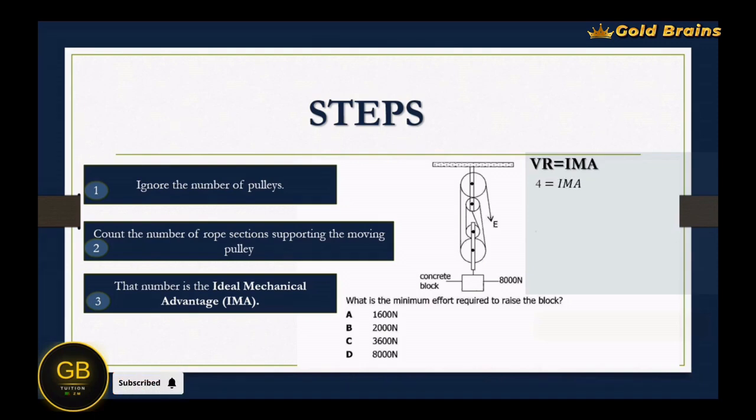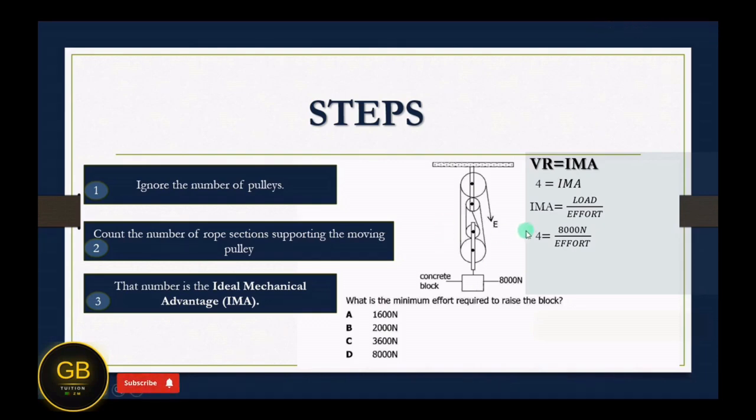So friends, you already know that the ideal mechanical advantage is given by the formula load over effort. We have our load now here, and we have our ideal mechanical advantage. So all we need is to replace here and there to get our effort. Our 4 comes here and our 8,000 goes there.